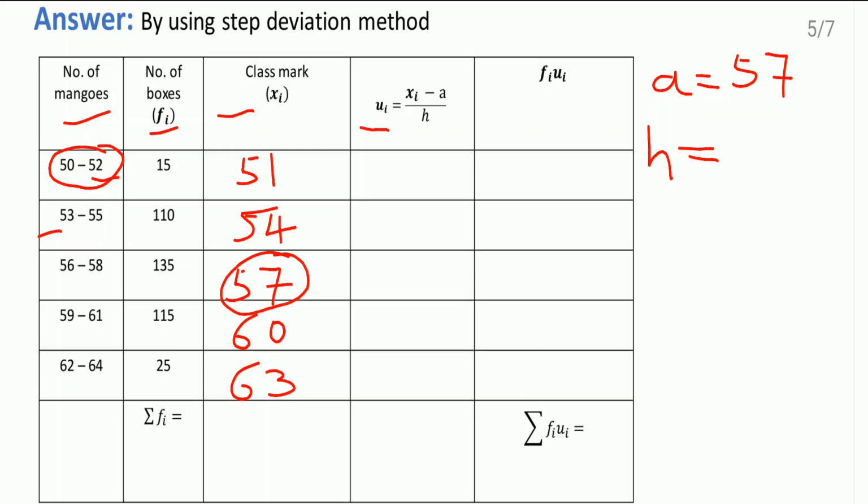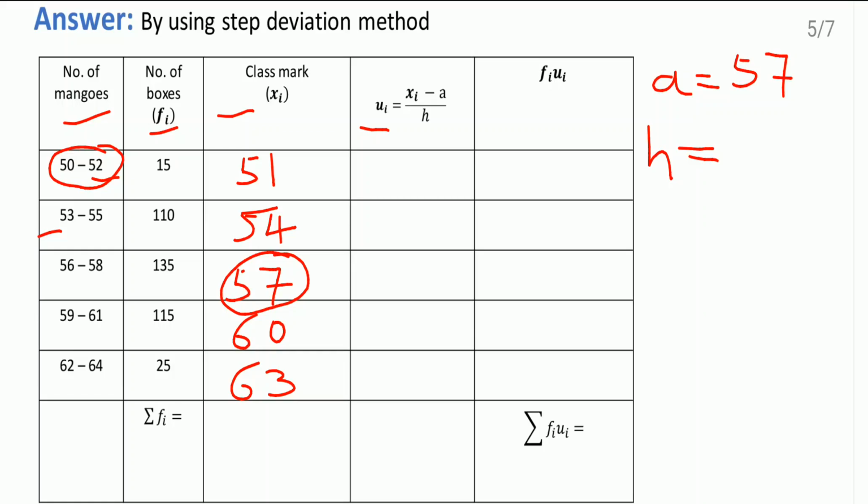So what is the difference between 52 and 53? 1 is the difference. So make half of that, which comes as 0.5. So from every lower limit, you will reduce 0.5, and to every upper limit, you will add 0.5. Right? So your class intervals become continuous. This one you have learnt in class 9th. But it's okay, even if you forgot.